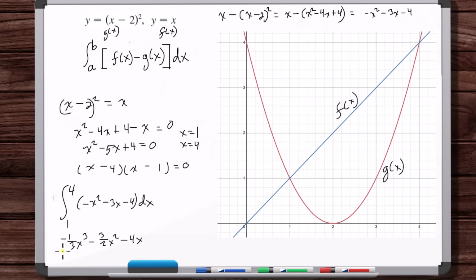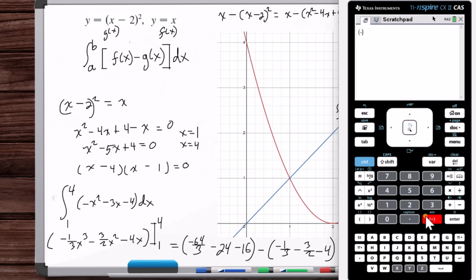So you take this derivative, you get minus x squared. Here you get minus 3x. Here you get minus 4x. Okay. Evaluated from 1 to 4. So minus 64 over 3. And then 16 times 3/2 is minus 24. Minus 16, okay? And then minus 1/3 minus 3/2 minus 4.